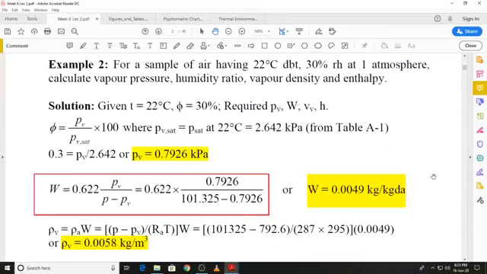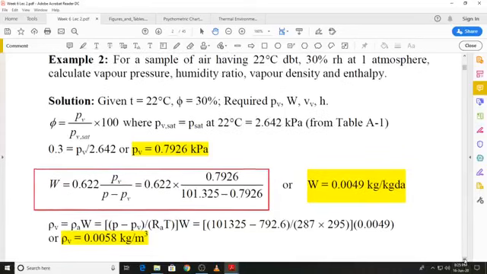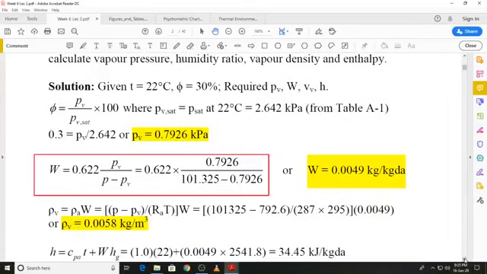The third property is the vapor density. Now if we recall the definition of humidity ratio, it is the ratio of mass of water vapor to the mass of dry air in the given air sample. The mass can be written as the product of the density and the volume for both water vapor and air.